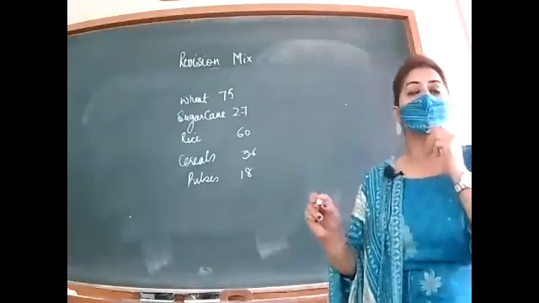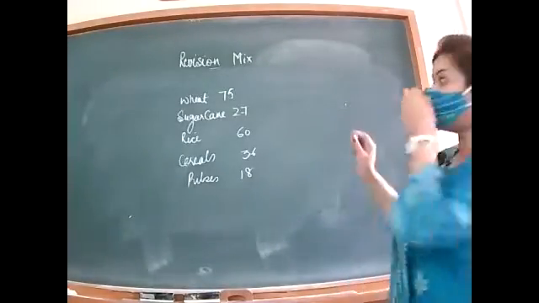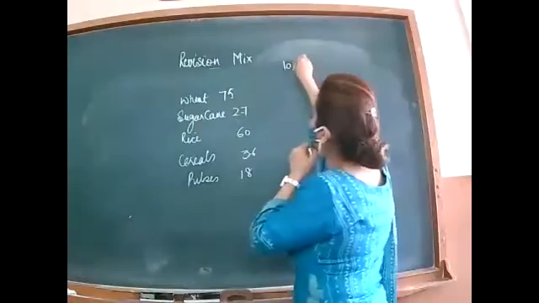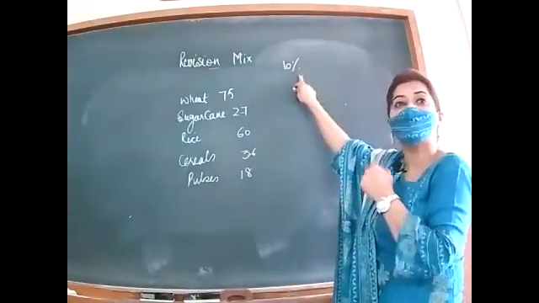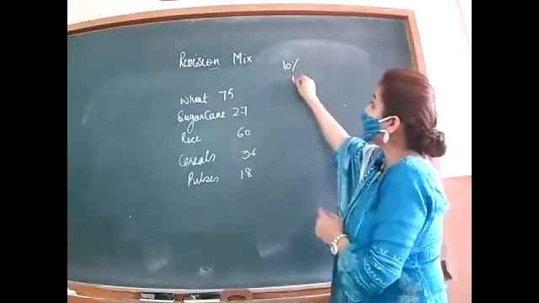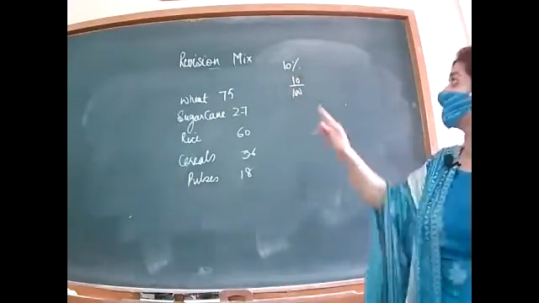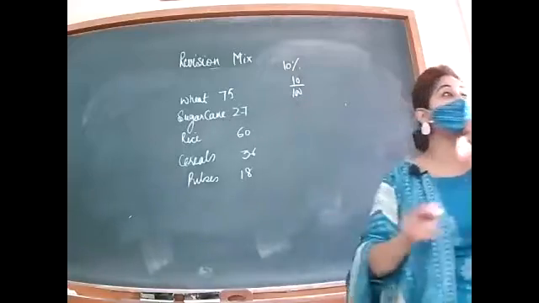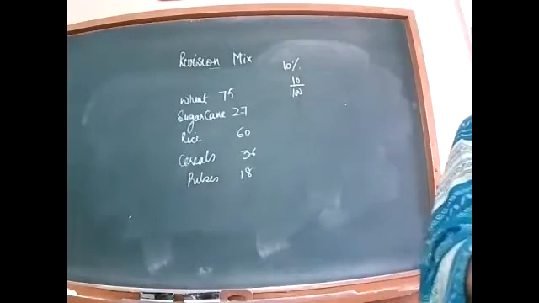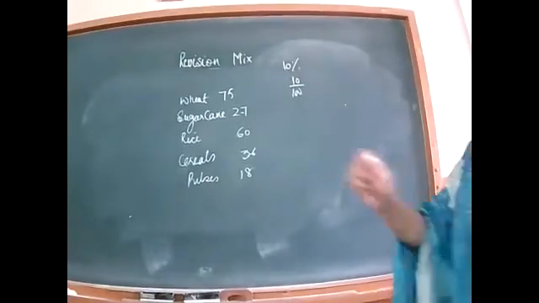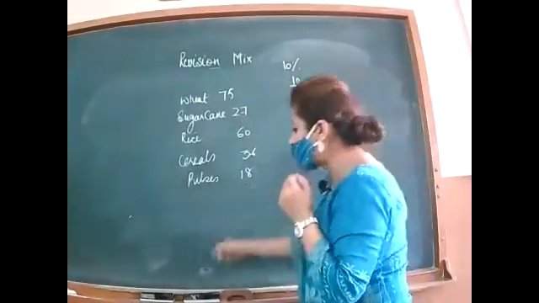Listen. As you all know, if a 10% term is given to you and you want to remove the percentage sign, then you divide by 100. If you want to remove anything, you divide by that number. If you want to add anything, you multiply with that number. Now in this case, simple numbers are given.